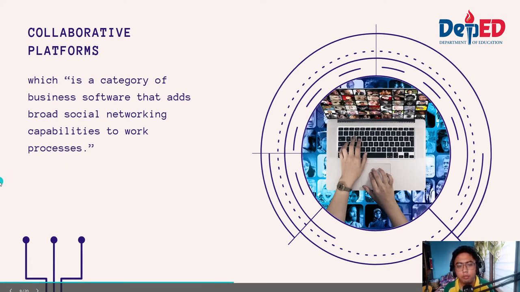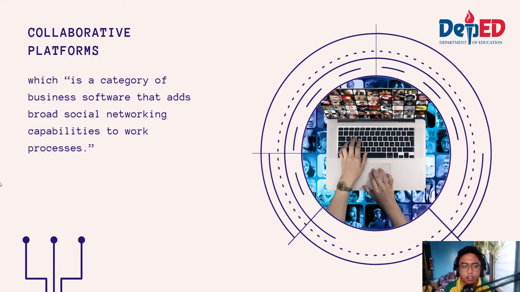And then, collaborative platforms, which is a category of business software that adds broad social network capabilities to work processes. For example, right now we have Facebook Workplace, wherein it is an organization-based Facebook. It is still a product of Facebook, but the functions are limited to what you need to do as an organization.